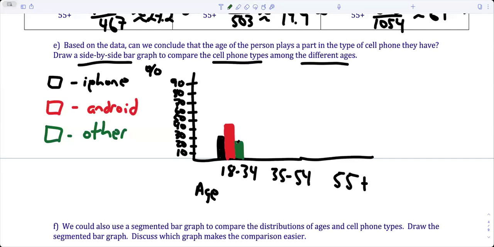Go ahead and complete the other bars for the 35 to 54, and then the 55 plus. And I will do that as well.